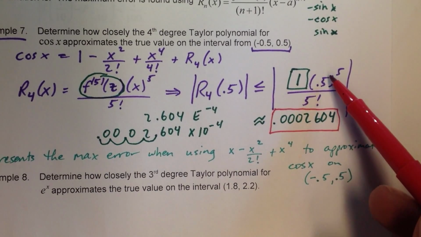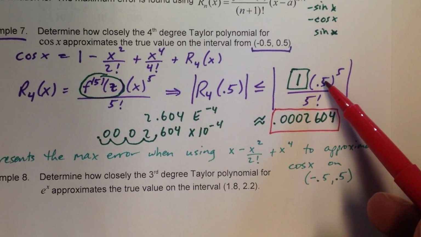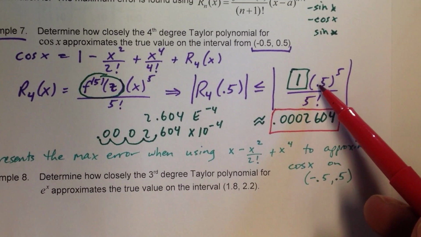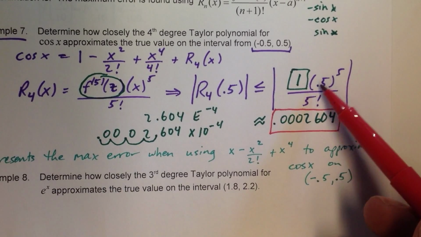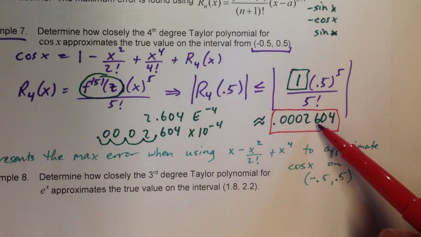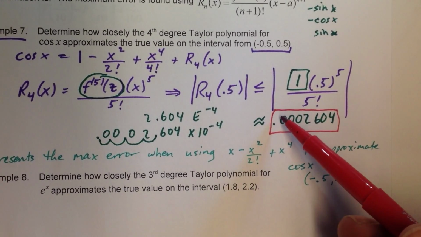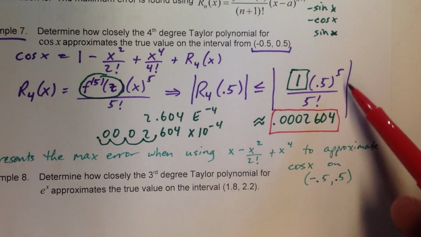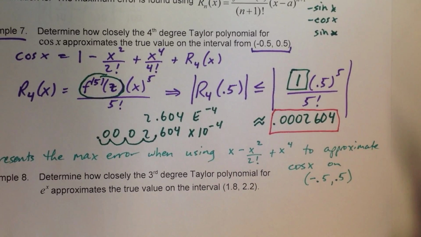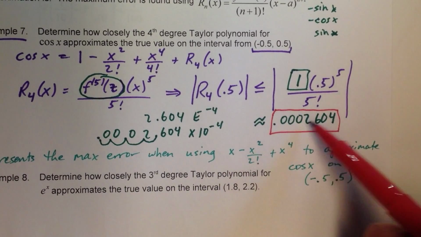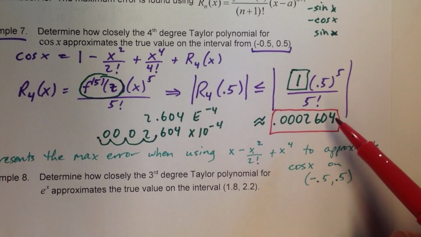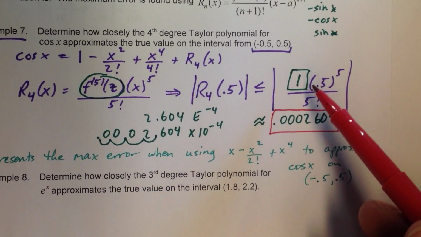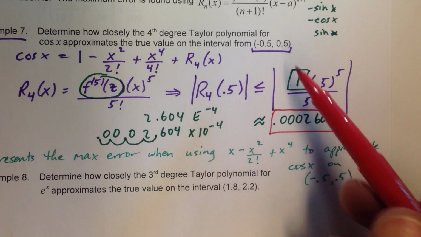Then we would replace this number right here. Instead of writing 0.5 to the 5, we'd write negative 0.5 to the 5, and then we would get the same exact value as what we have here, except that we'd get a negative number, but the negative number inside the absolute value bars is going to make it positive. So we still get the same maximum error whether we go to the left to negative 0.5 or to the right at 0.5.